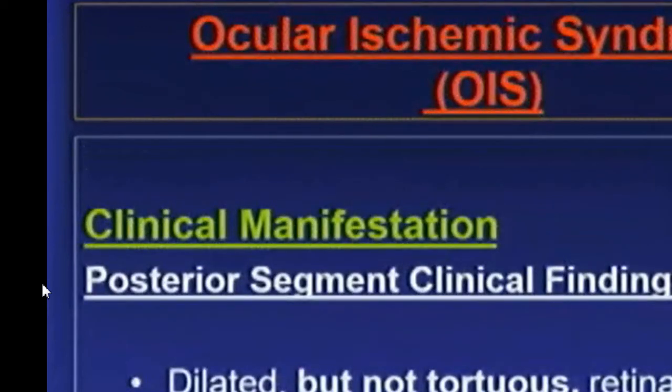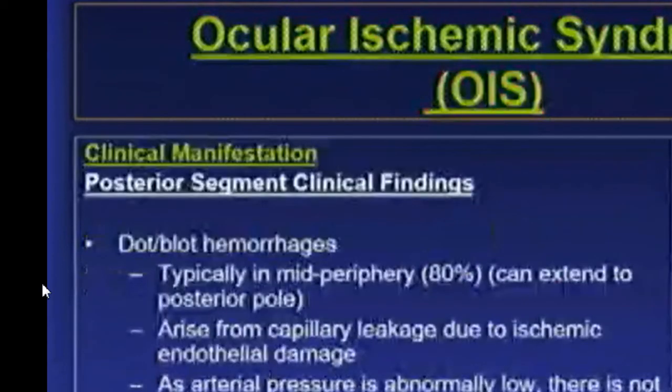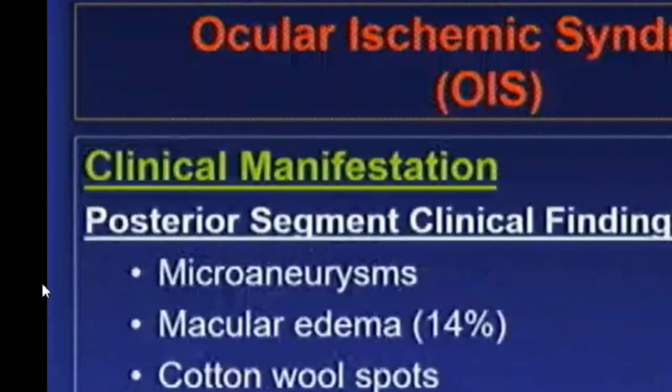Clinical findings include dilated but not tortuous retinal veins, and usually they have dot and blot hemorrhages mostly anterior to the equator. When you press over the globe, in this patient you can see the pulsation, sometimes even without pressure over the globe, and this is one of the really helpful signs to recognize the possibility of ocular ischemic syndrome.